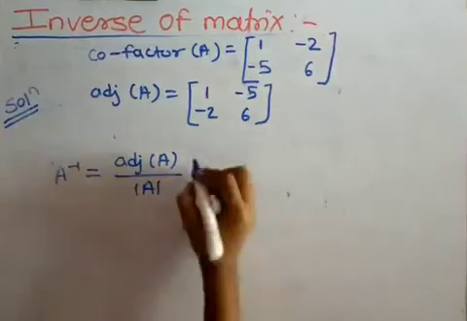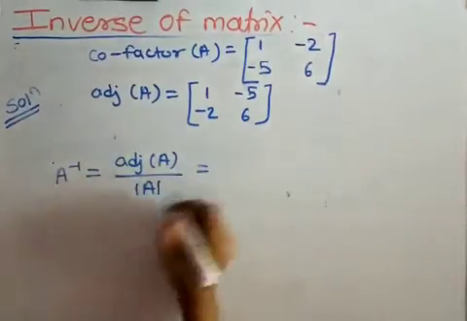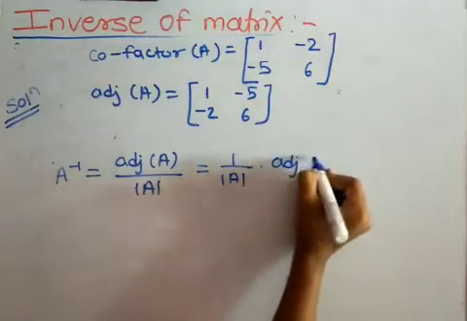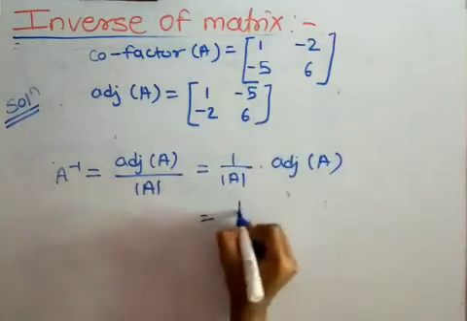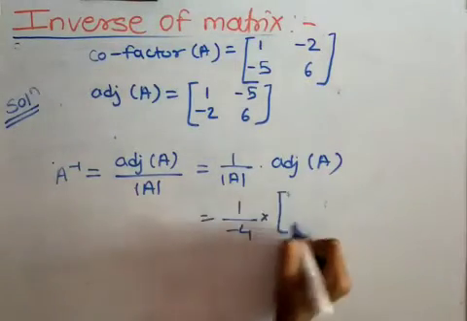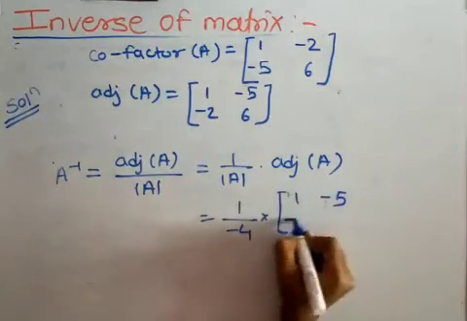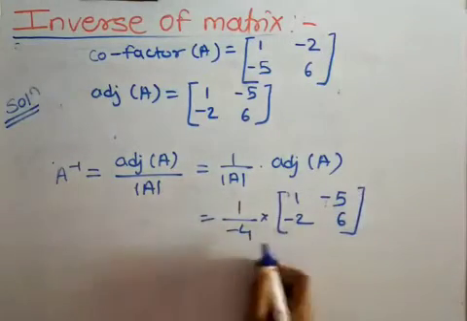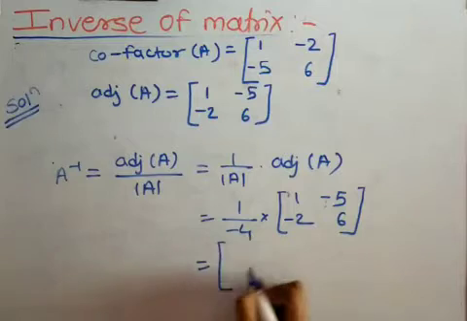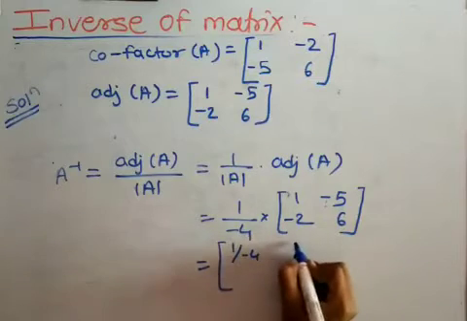Our formula is this. So the determinant of A is minus 4, right? And the adjoint of A is 1, minus 5, minus 2, 6. Just divide each entry by minus 4. So we get the inverse of the given matrix.